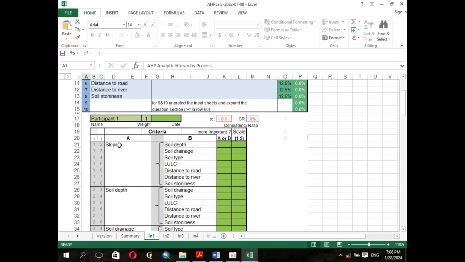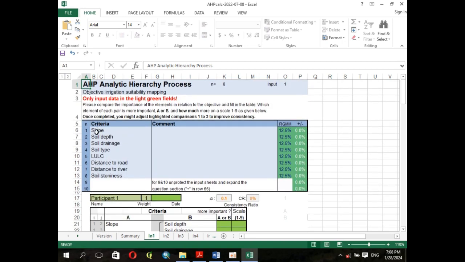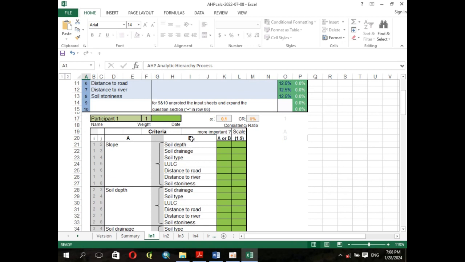For instance, under column A we have the slope. The first parameter, the slope, is compared with the other 7 parameters. Under column B, yes, the slope is compared with soil depth, soil drainage, soil type, land cover, distance to the road, distance to the river, and soil stoniness.